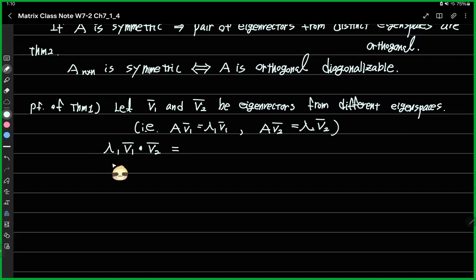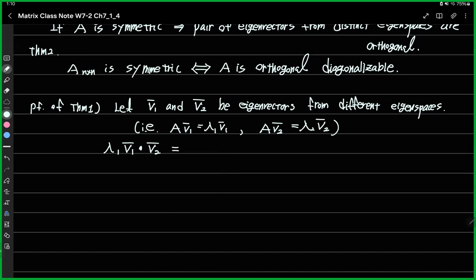Lambda 1 is a scalar, an eigenvalue. If this turns out to be zero, which means that V1 dot V2 equals zero, which means that V1, V2 are orthogonal, so the proof is done. That's the goal.